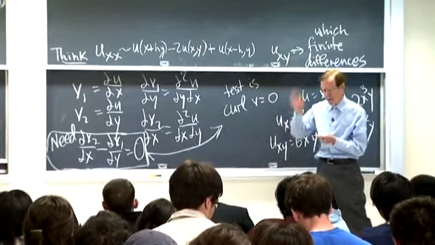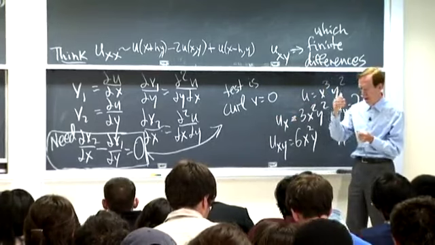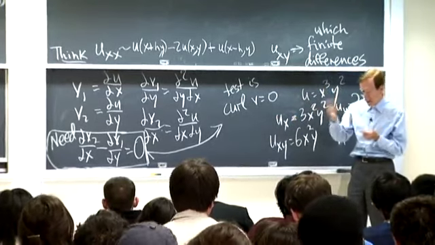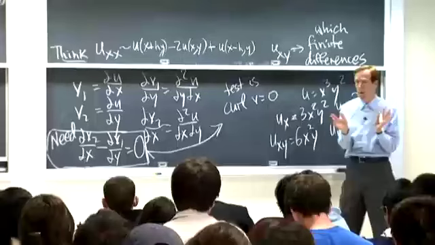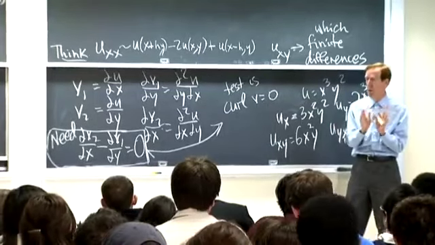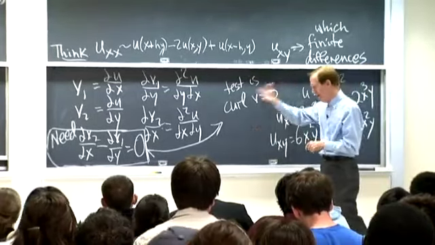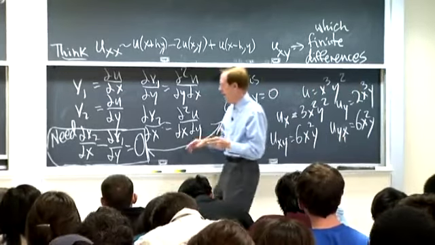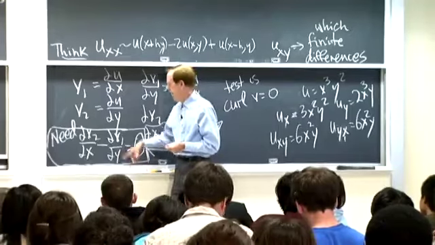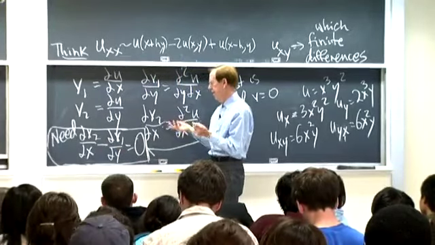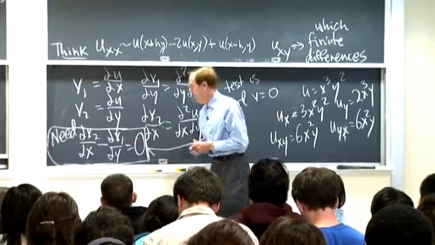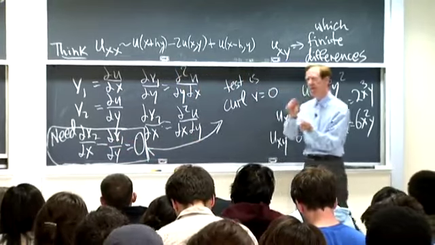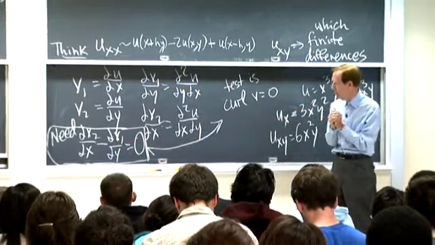And the curl had 3 components. Do you remember curl? If you remember curl, you're a good person, because you sort of remember that it has things like this, differences of derivatives, and the indices follow a certain pattern.